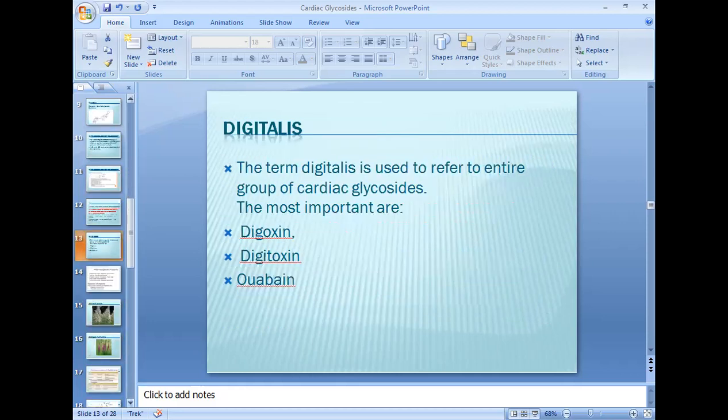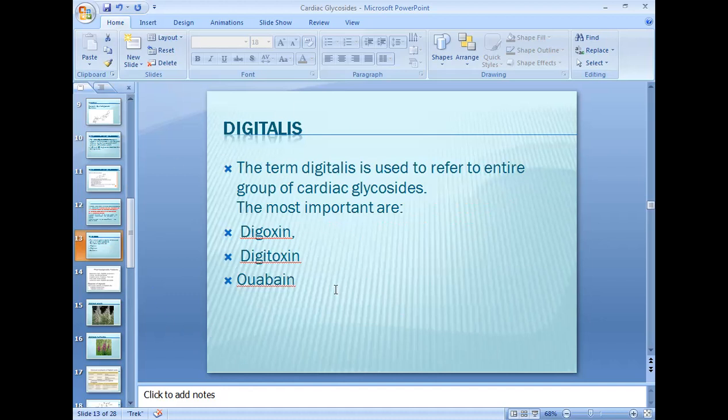So let us see some of the sources of cardiac glycosides, and first of all we see sources of cardenolides. The term digitalis is used, which represents a group of cardiac glycosides, which include most importantly digoxin, digitoxin, and ouabain.